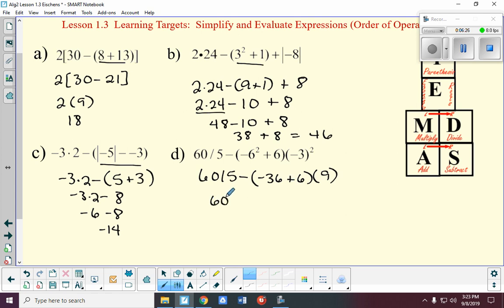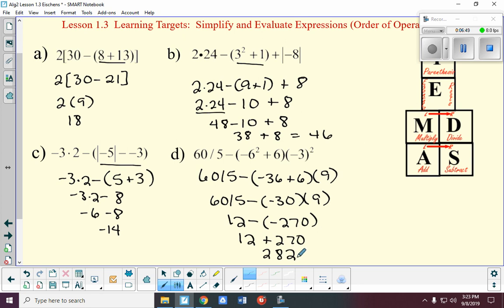I'm getting ahead of myself. So that's negative 30 times 9. Now we have division and we have multiplication. So this would be 12 minus, that'd be negative 270. So that would be 12 plus 270, which would be 282.